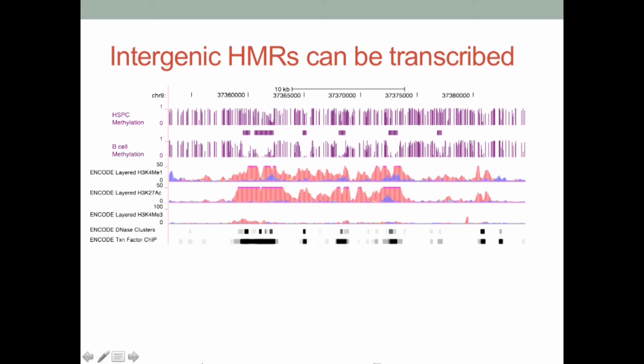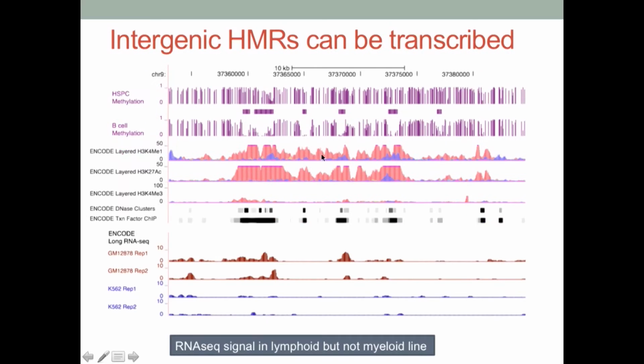We see that there's a very strong overlap between these sites and DNA clusters that have been identified in this cell type, and transcription factors that bind to these regions. We also find that there's some evidence for RNA polymerase activity.